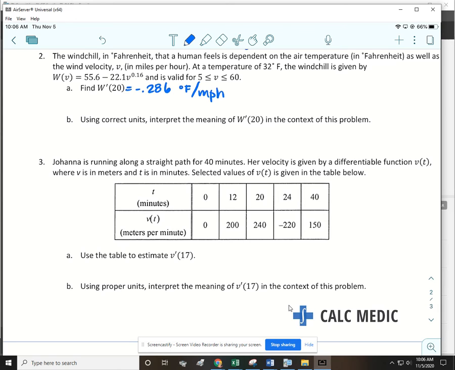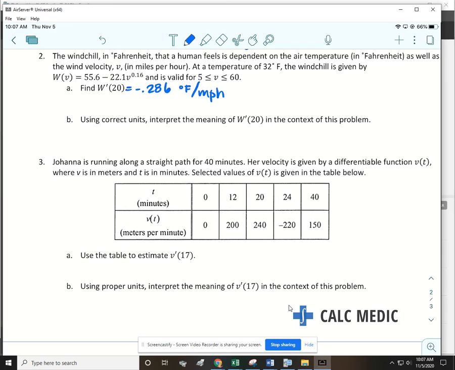All right, so I got that. And then it's degrees Fahrenheit per miles per hour because the wind chill is given in degrees Fahrenheit and divided by the independent variable, which is in miles per hour.